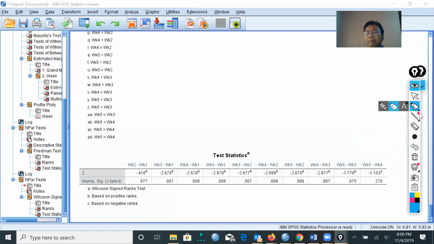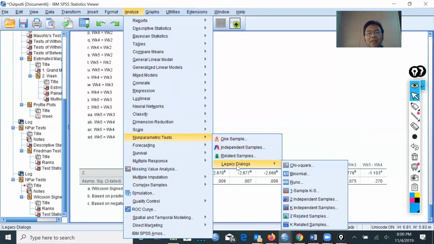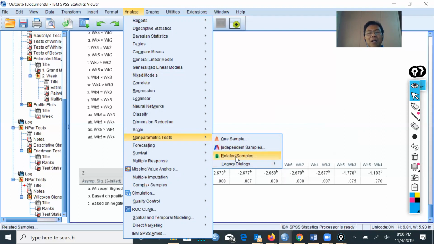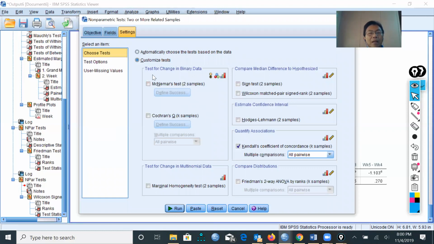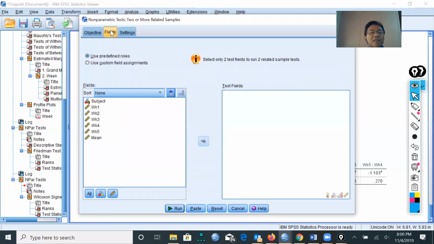So to do that, you go to Analyze, okay. Go to Non-Parametric, but instead of going to the legacy dialogues, you just go to Related Samples. Okay. And you click Customize Tests. Now you go to Fields first, go to Fields. Okay.